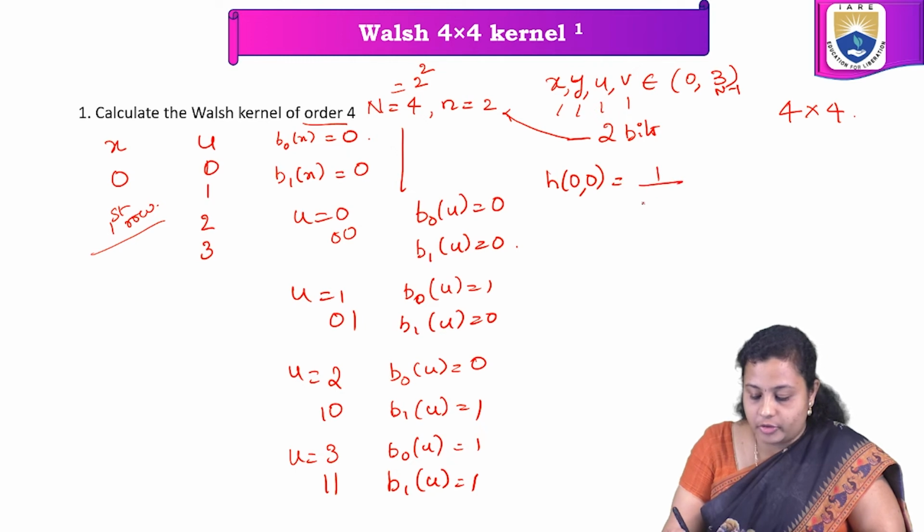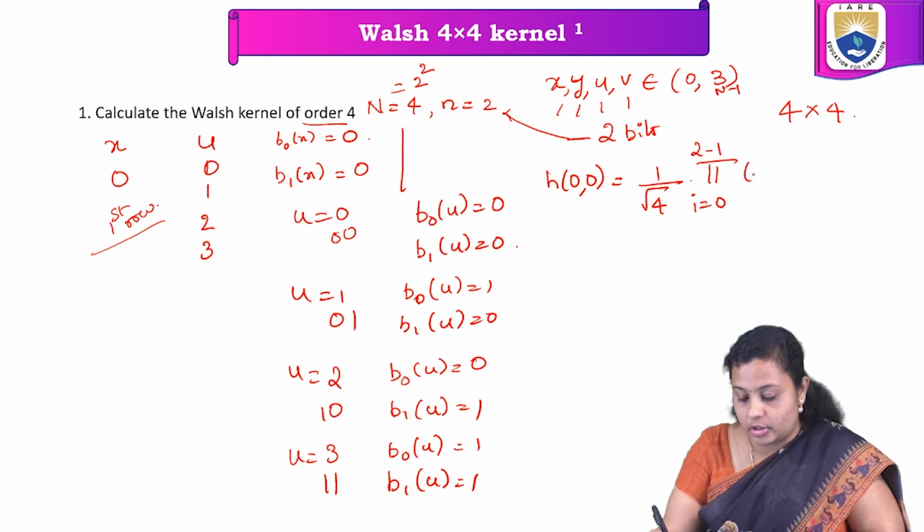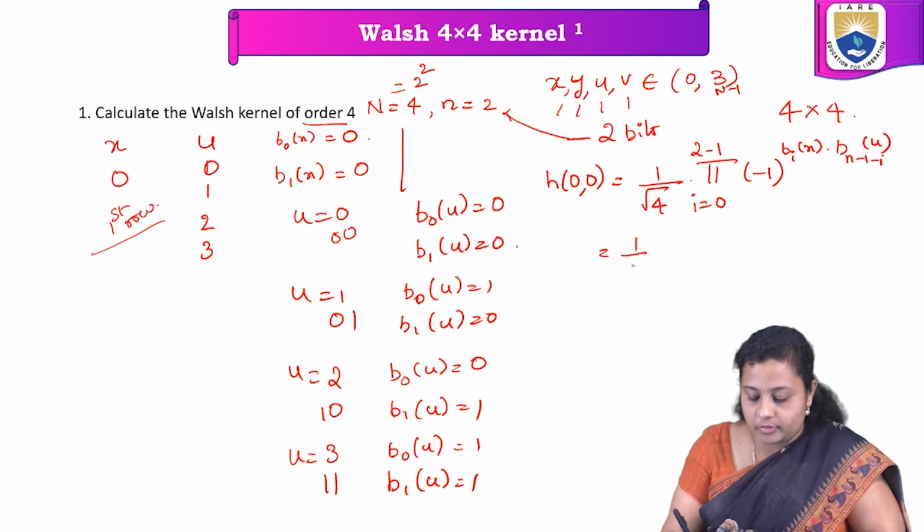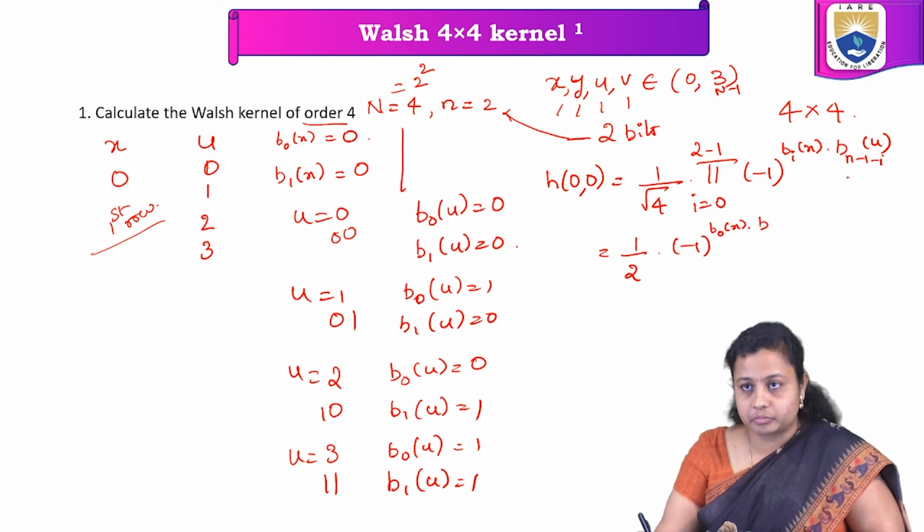It will turn up to 1 by square root of 4 into the product for i equal to 0 to n minus 1 of minus 1 power b_i of x into b_(n minus 1 minus i) of u. So from there we get 1 by 2 into minus 1 power b0 of x into b, where n is equal to 2, right?